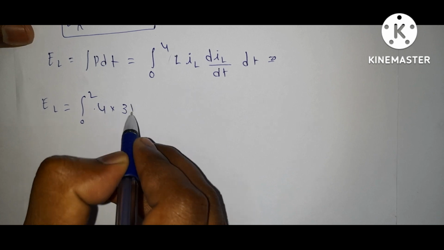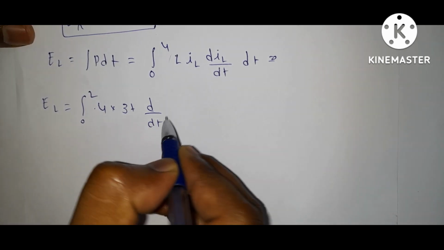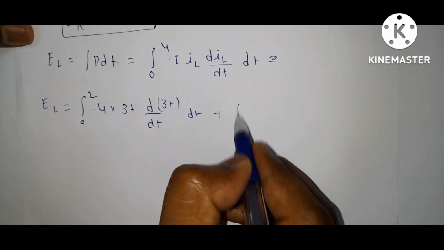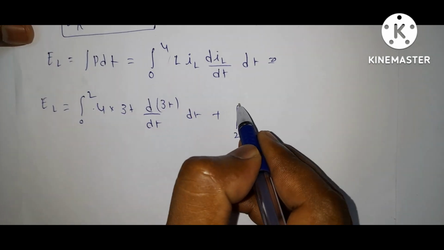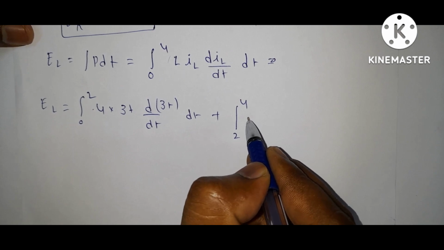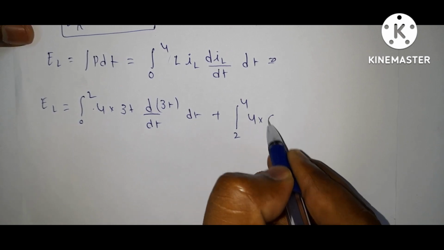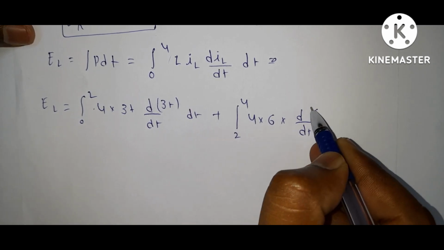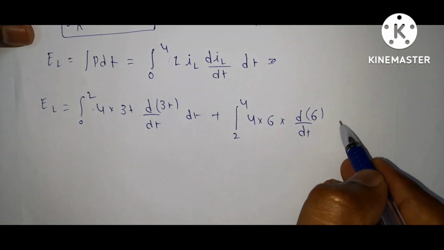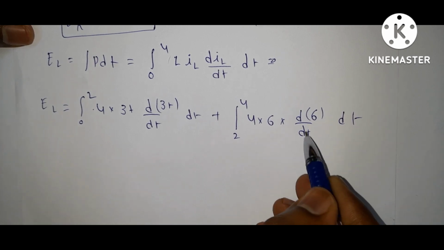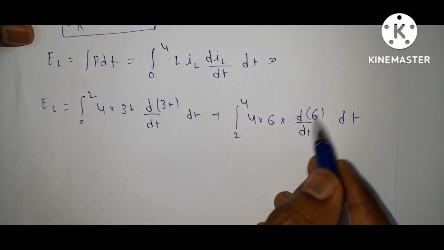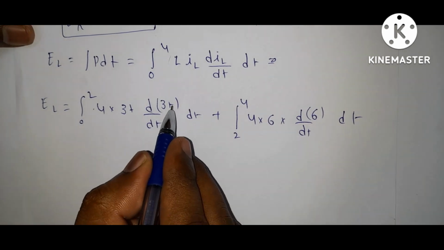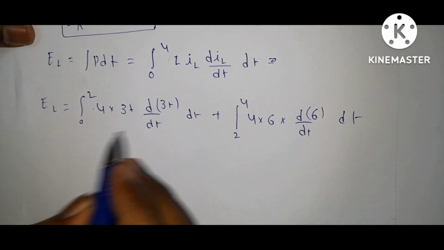Current is 3t, and d by dt of 3t dt, plus integral 2 to 4 of 4 into 6 into d by dt of 6, because from 2 to 4 the current is 6 amps, into dt. So the derivative of a constant is 0, so this total term becomes 0. Here the derivative of 3t is 3.